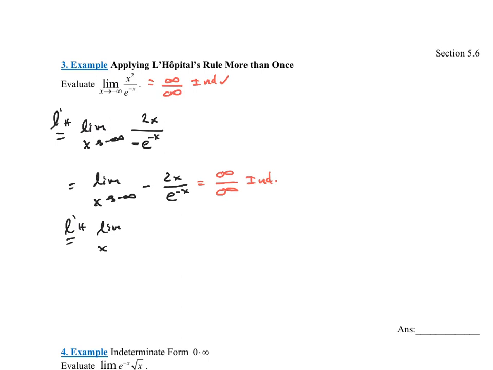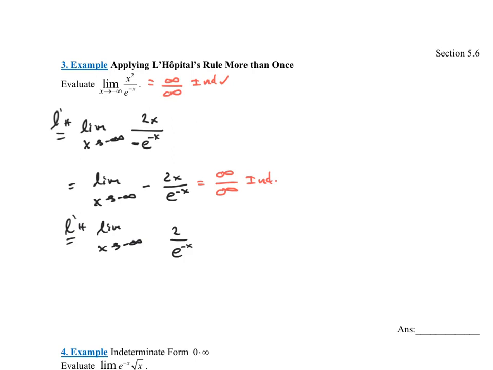So we have the limit as x goes to negative infinity. We have to take the derivative of this. The derivative of negative 2x would be, well, it doesn't matter, I can keep the negative out there. So the derivative of 2x would just be a 2. And then the derivative of e to the negative x, we already said, was e to the negative x, but then it was times the negative 1. So the negatives are actually going to cancel here. And I'm just going to write that as positive 2 over e to the negative x.